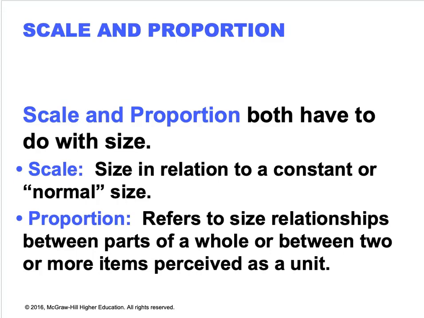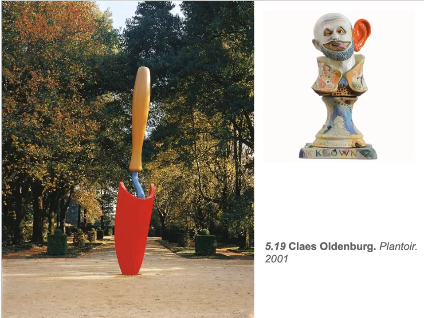And so we can look at this in art too, of course. The first example I give you is Claes Oldenburg's Plantor, which is a garden spade, as you can probably see. And all of Claes Oldenburg's sculptures are this idea of taking an ordinary object and making it way out of scale. So usually taking something that's just an ordinary everyday object and making it really big.